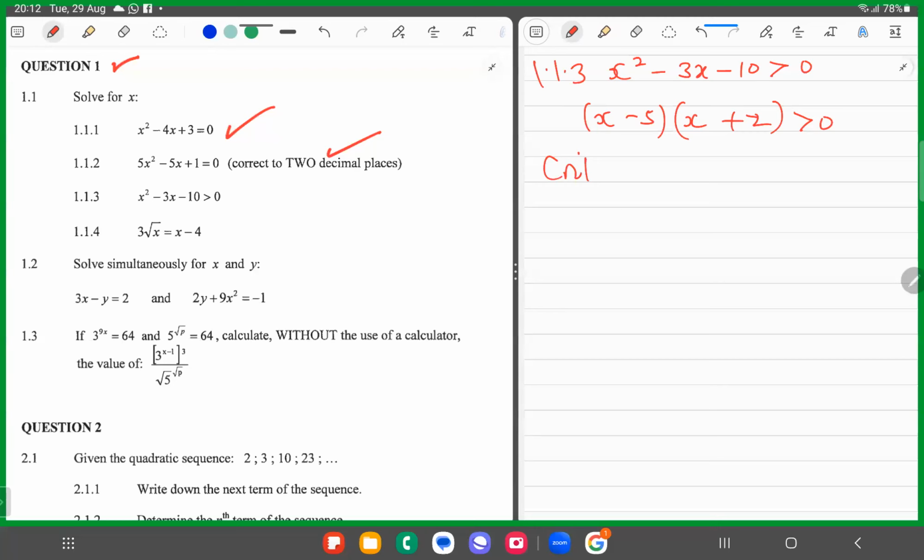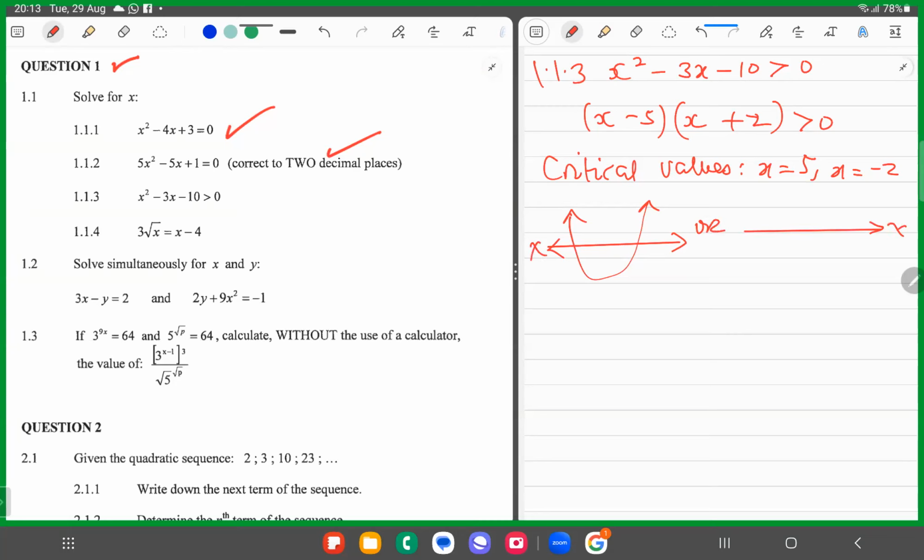The critical values are x equals 5 and x equals minus 2. In which case, you're going to use two methods. This is the usual because it's positive, or it has a smiley face. Or you're going to use the number line. Then you have x here.